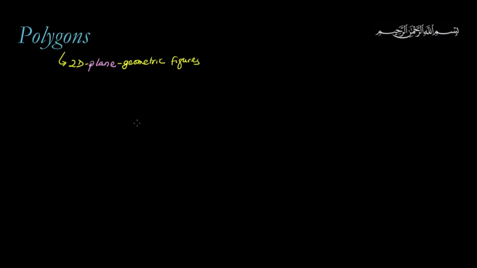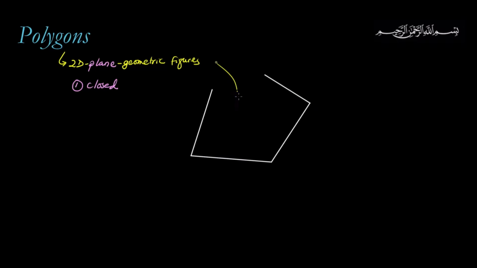Okay, so one very important thing, or the first thing that we have to understand about polygons, is that they are closed figures. So let's write this down. They are closed figures. What does that mean? It means that a polygon can't be like this, like that. It can't have a missing side. It can't be open like this. It has to be a closed figure.